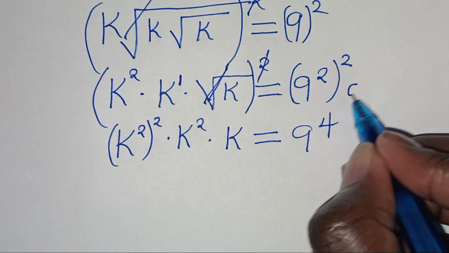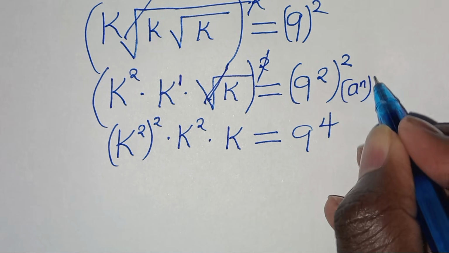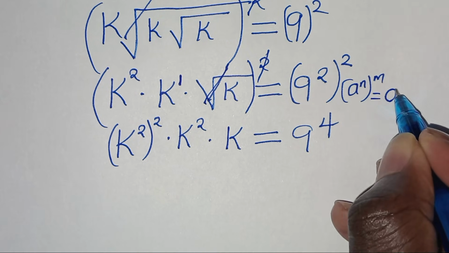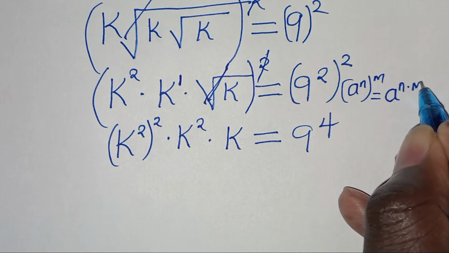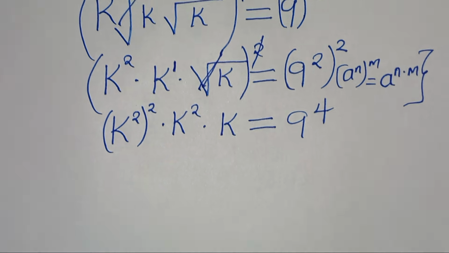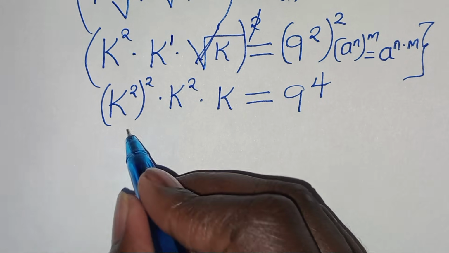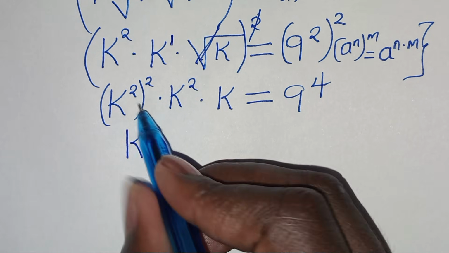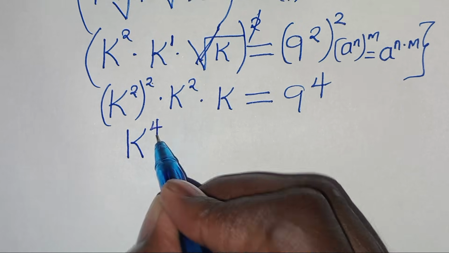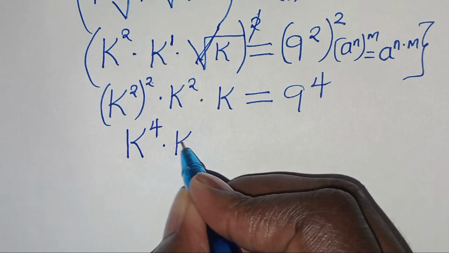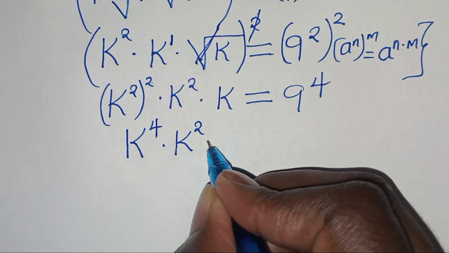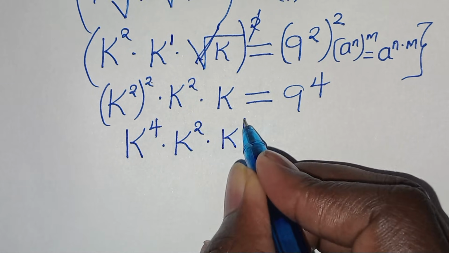This is in the form of a to the power of n raised to the power of m, which you can express as a to the power of n times m. So here we have k raised to the power of 2 times 2, which is 4, times k to the power of 2 times k raised to the power of 1.